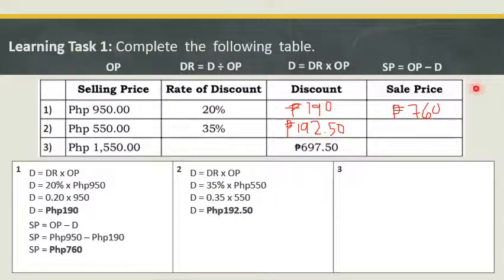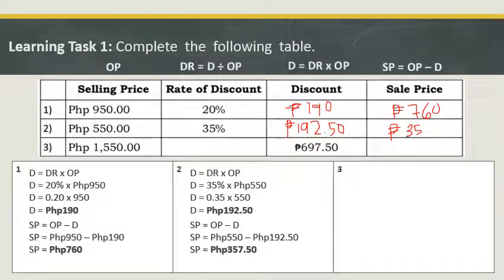Then, para makuha ang sale price, subtract lang natin tong original price, 550, sa 192 and 50 centavos. So, makukuha natin is 357 pesos and 50 centavos.